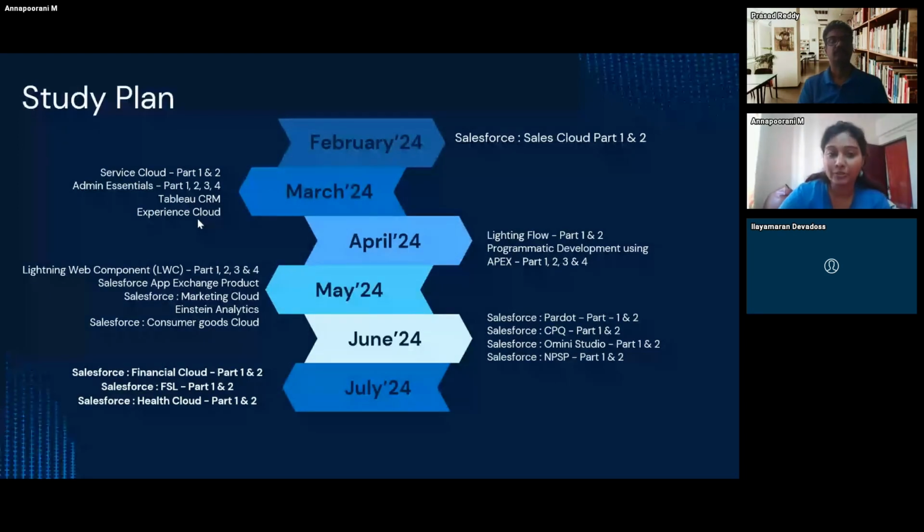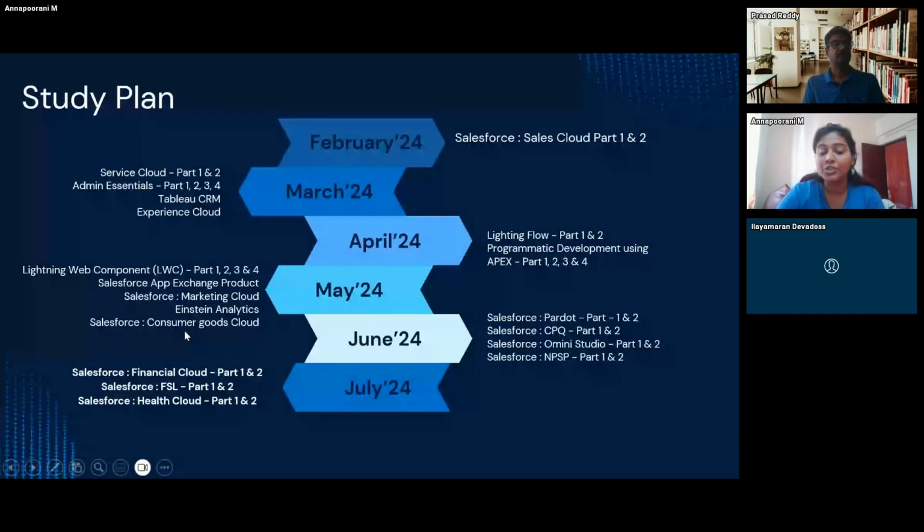Next comes the major development part, where pure customization is involved: flows and Apex. All those will be covered in April. And in May, again LWC, and then any exchange product information, Marketing Cloud, Einstein, and one more cloud, the Consumer Goods Cloud.